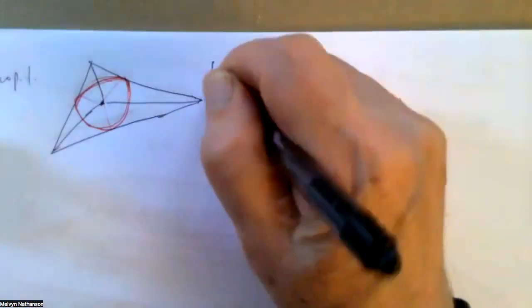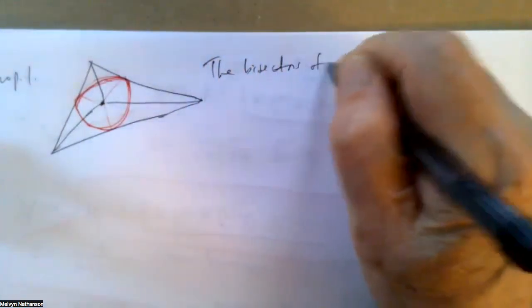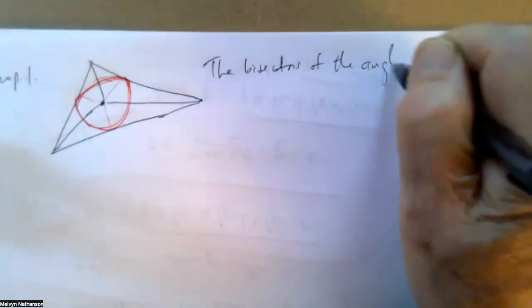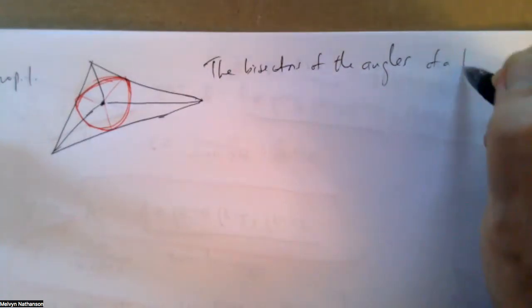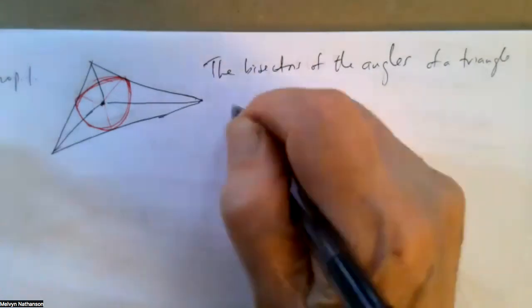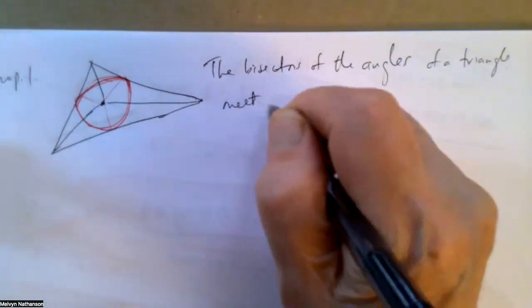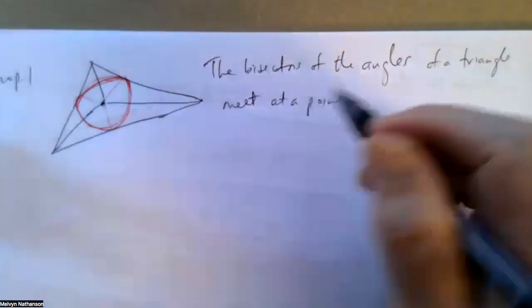So in words, the bisectors of the angles of a triangle meet at a point. This is the point where they meet.